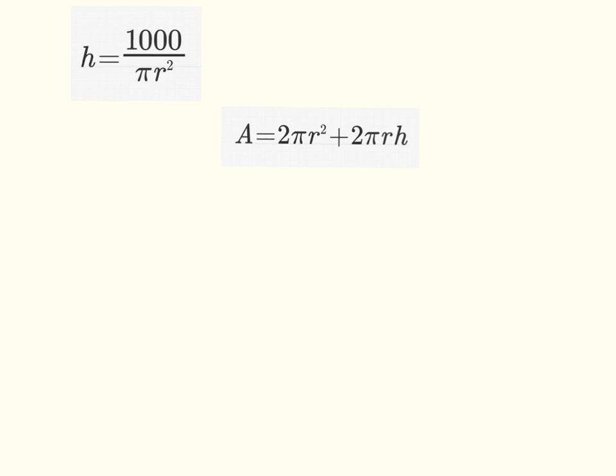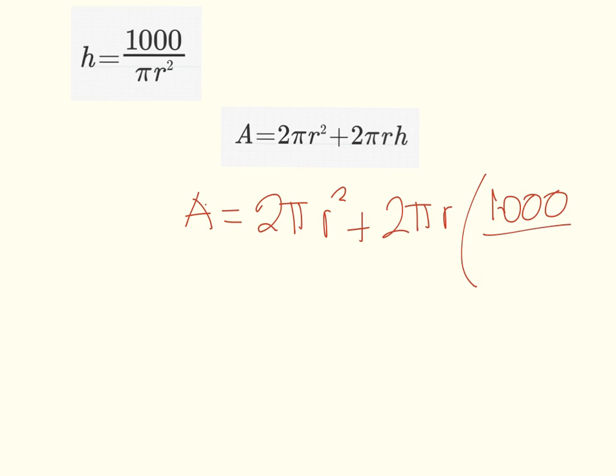I'm going to substitute this h in the function of the area. So I will have the area equals 2 pi radius squared plus 2 pi radius times height, that in this case will be 1,000 over pi radius squared. So using this, we now have a function with respect to only one variable, which is the radius.